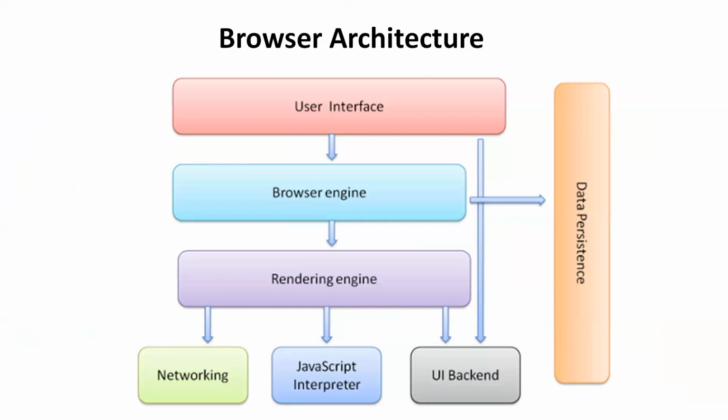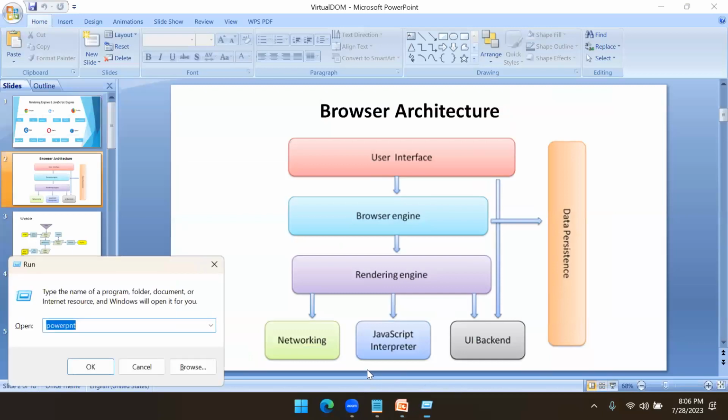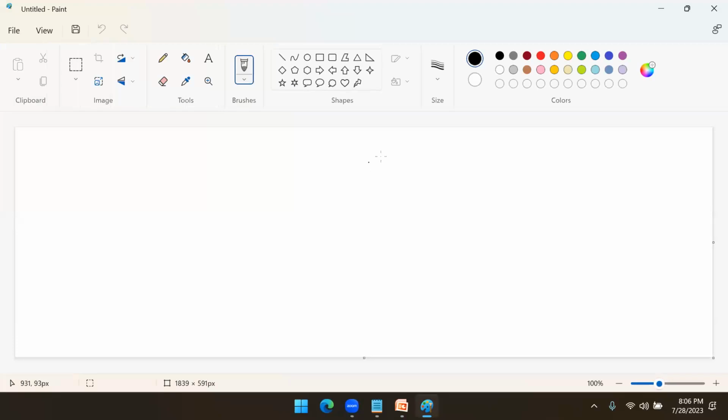Now, how are your HTML and CSS going to work? Let's see. Because if you understand that, then you can understand what the DOM is. Actually, we have the browsers.